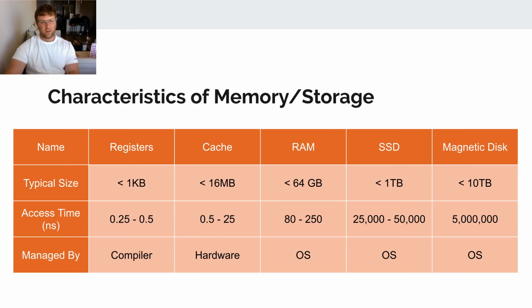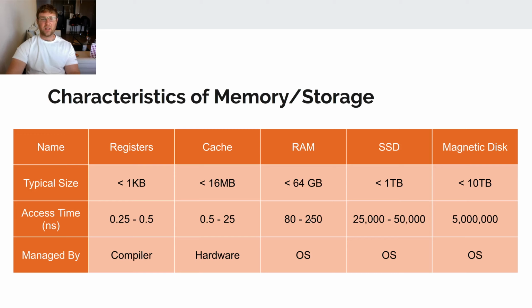But it could be up to maybe 50 times slower if it's not in the register. It could be 50 times slower to reach out to cache. We see RAM. We can have maybe around 64 gigabytes of RAM. Technically, we probably could have more, and we're going to talk about that. But I don't know any computers right now that have more than 64 gigabytes of RAM.